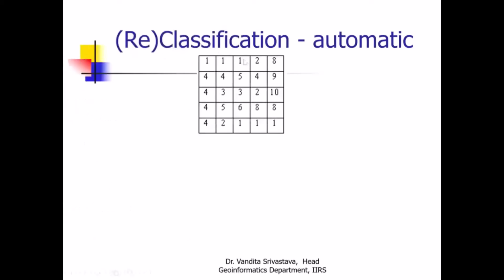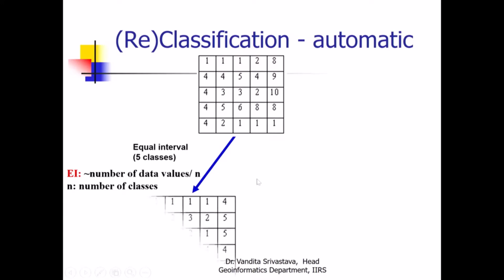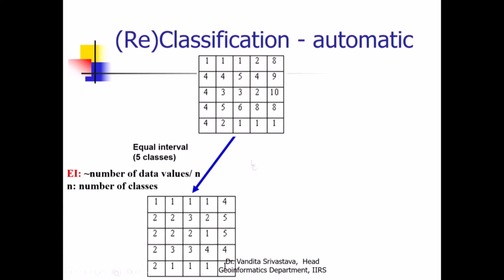So let us say this is the grid, and if I wish to make a classification using equal interval into 5 classes. Now you see we have 10 different values, 10 features here. So here this becomes 10 minus 0, or 10 minus 1, divided by n. So we get roughly 2 classes into 1. Okay. So 5, because we have to have 5 classes in the output.